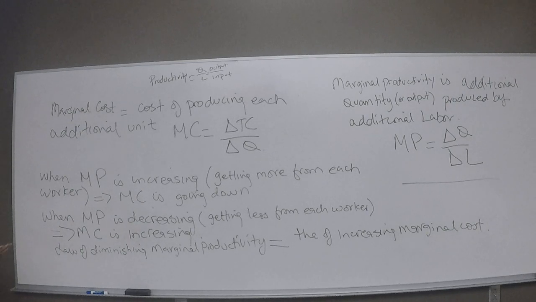And when your productivity is decreasing, meaning you're getting less output produced from workers, your marginal cost, or your additional cost, is going up. So when marginal productivity is decreasing, your marginal cost is actually increasing. When one employee is producing less, the additional cost of the production goes up.